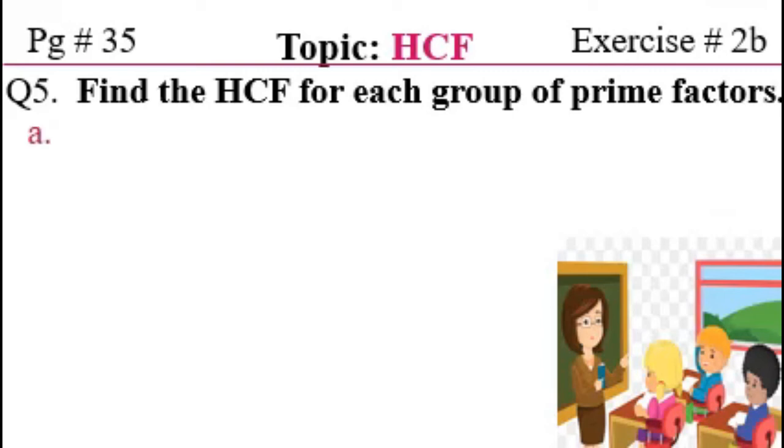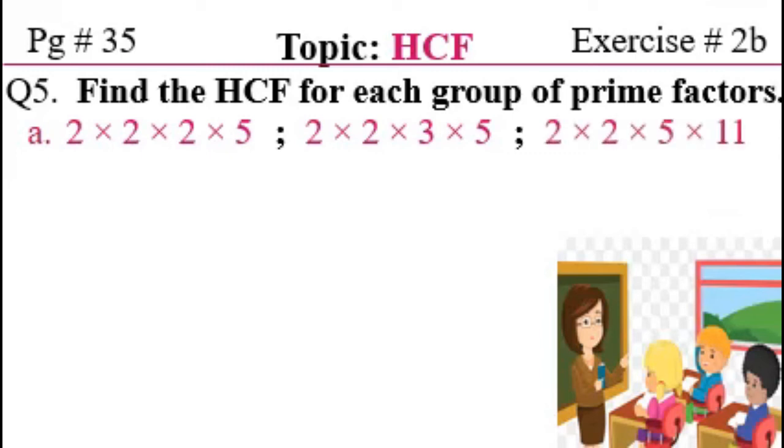Let's have a look at part A. These are the prime factors of the first unknown number. Okay, over here we don't know the numbers. They have already found the prime factors and directly given them to you. The prime factors of the second number and the prime factors of the third unknown number.